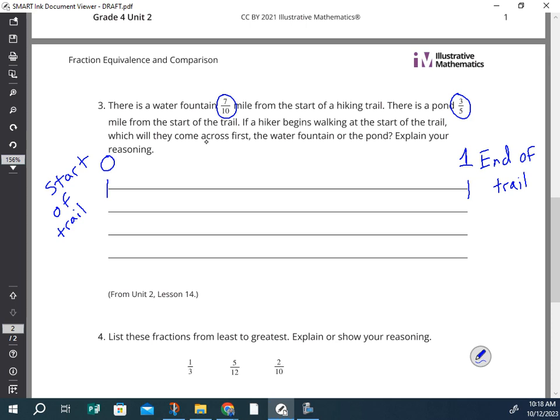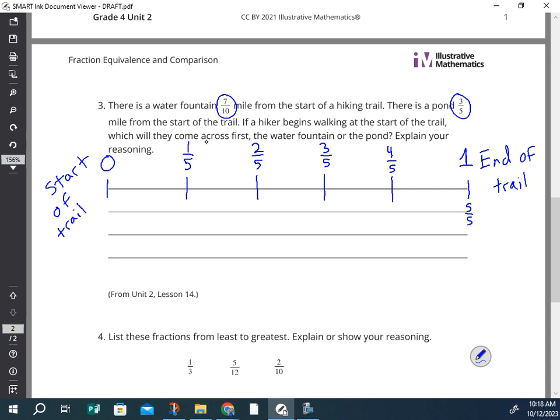I think I'm gonna make my fifths first the best I can. Fifths are kind of tricky to make. There's 1/5, 2/5, 3/5, 4/5, and this is gonna be 5/5. So then this is 4/5. This is 3/5, 2/5, 1/5.